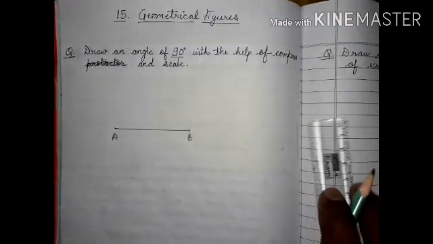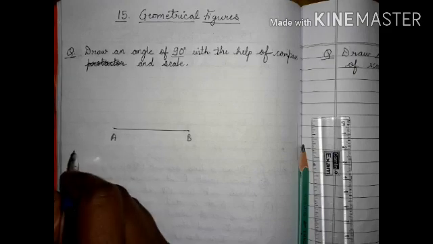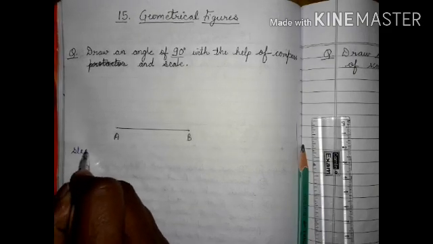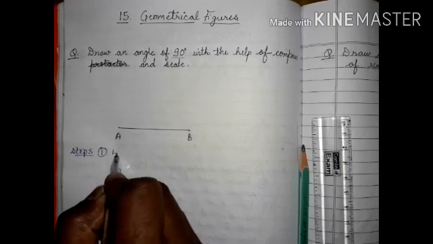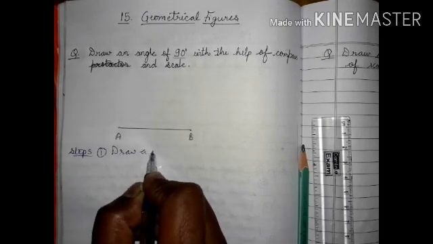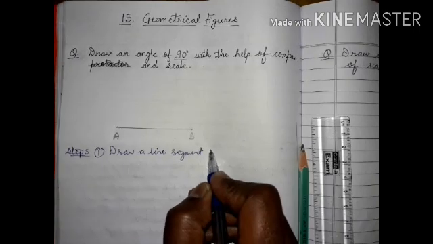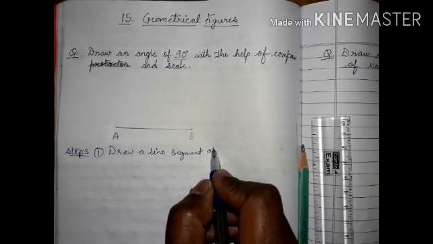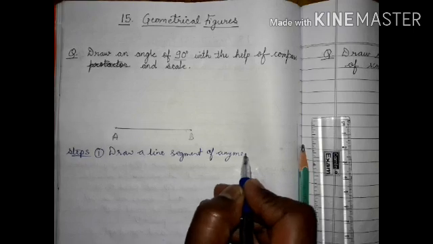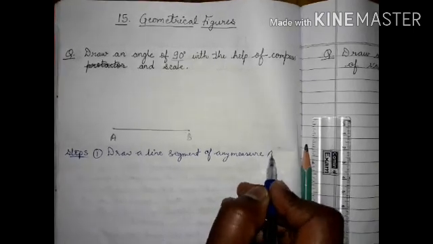Then we have to write the steps also here. Steps. First, draw a line segment of any measure, AB.